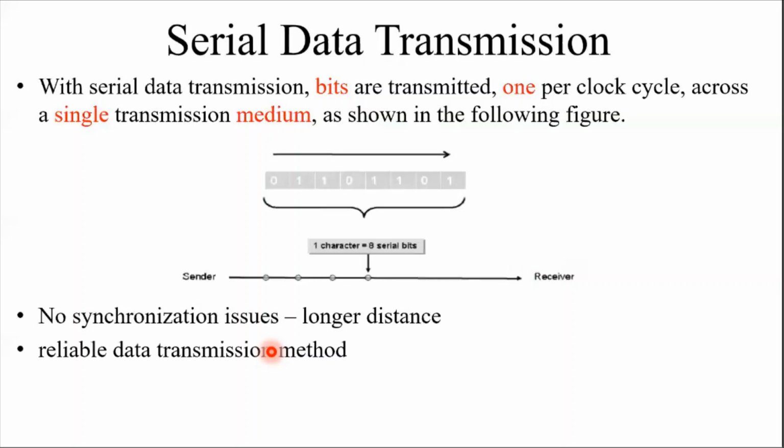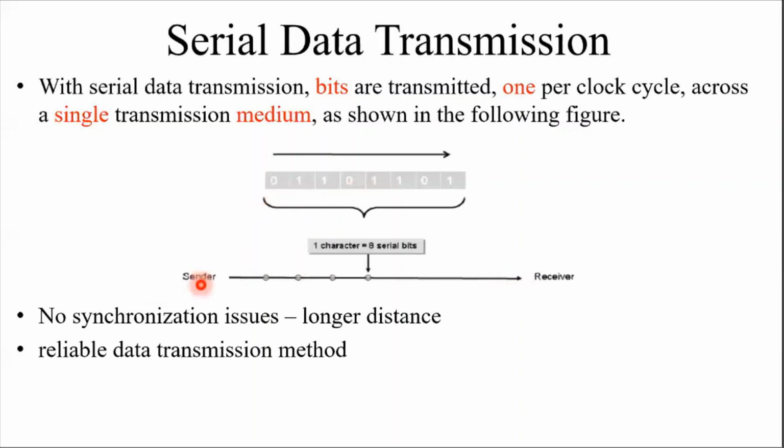Another advantage is that serial data transmission is viewed as a reliable data transmission method. Meaning, when the sender sends the data bit by bit, 1 by 1, 0, 1, 1, 0, the receiver will also receive this data in the same order.